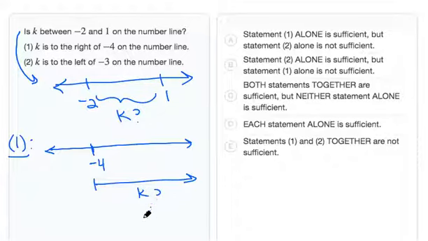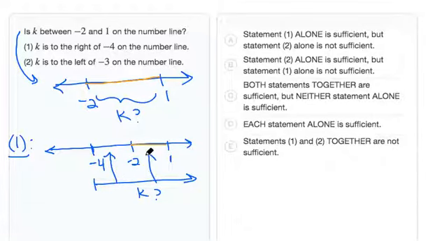We don't know where exactly, so if we think about the numbers here, we have -2 and 1. This was our target range of, is it between here or not? Since we're only told it's to the right of -4, k could be somewhere in here.